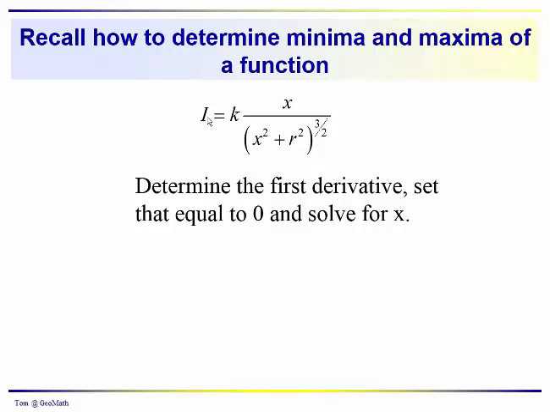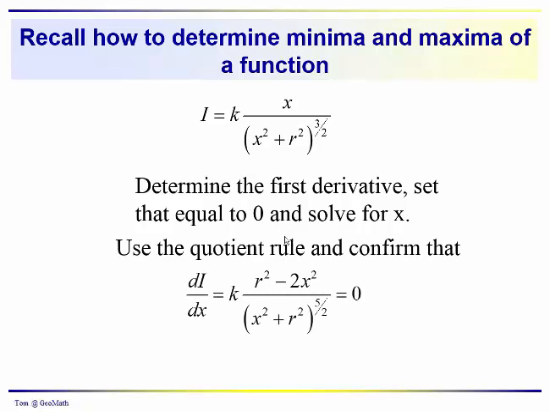First of all, we have to evaluate the derivative, and then we have to set that equal to 0 and solve for x. So using the quotient rule, I'll leave this as an exercise for you. You might take a few minutes and see if I've made a mistake here.